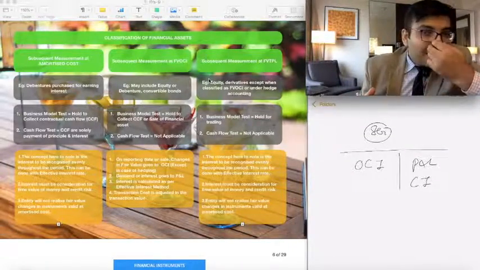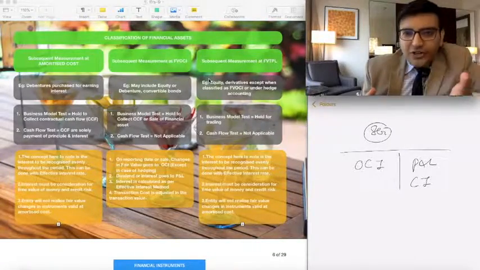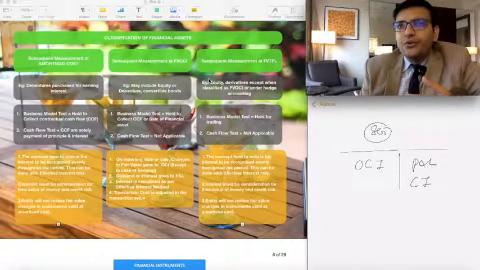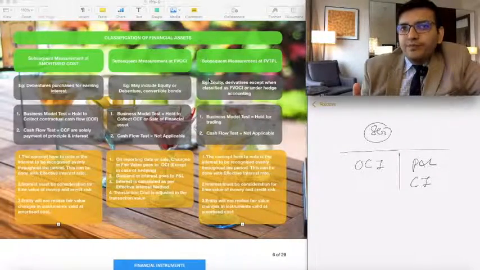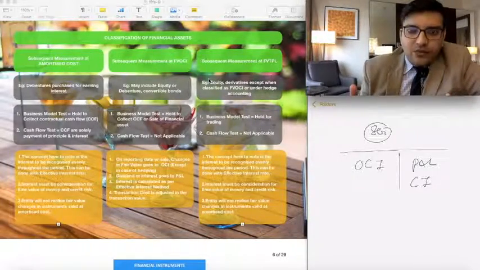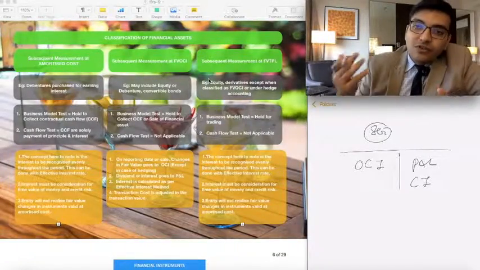In other cases you can say bad debt provision and everything, or you have invested in a company wherein you don't want to sell that investment in the short term, you want to hold it for the long term.